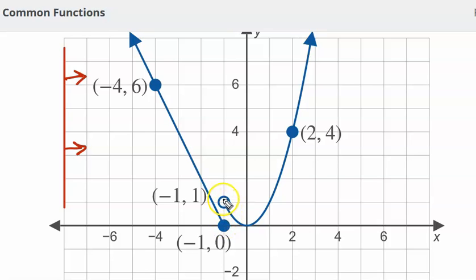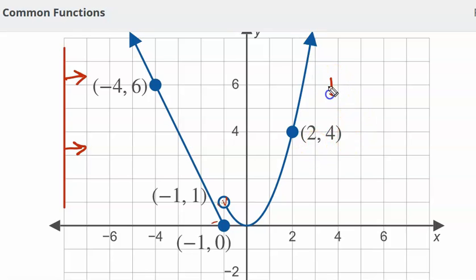You might say here there would be a potential of 2, but this value of -1 is not included, sort of an anchoring point because of the hollow. So this is a graph of a function.